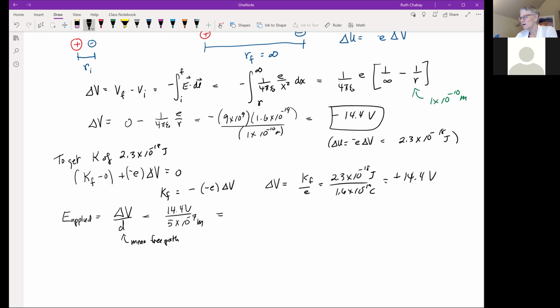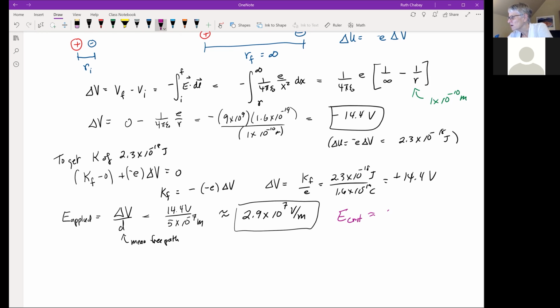And we get an electric field of approximately 2.9 times 10 to the 7 volts per meter. Now, experimentally, we found that the critical field was 3 times 10 to the 6th volts per meter. So it looks like we're off by a factor of something like 10.